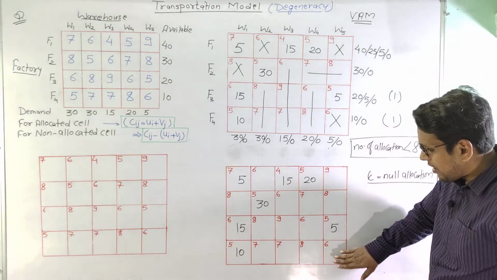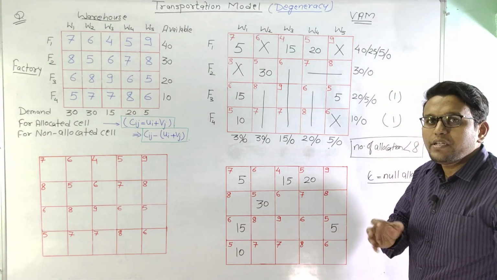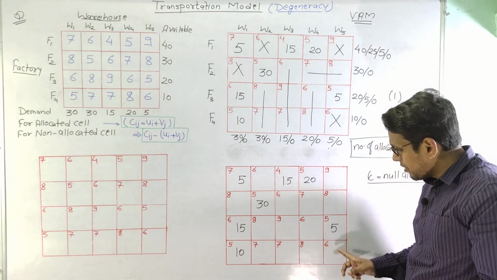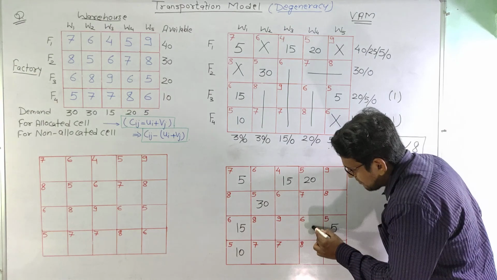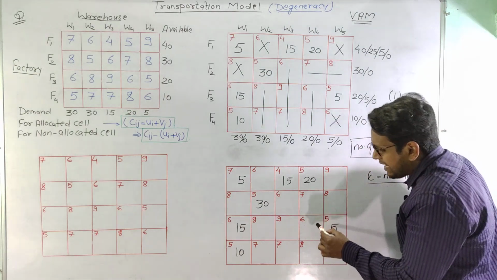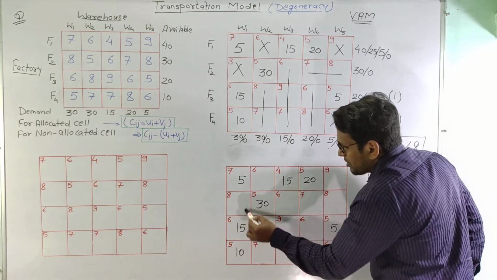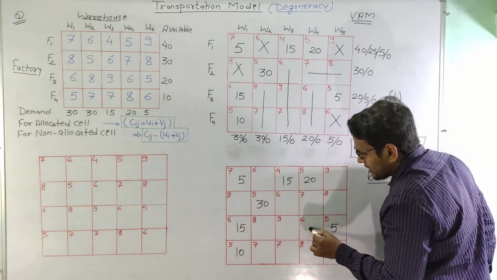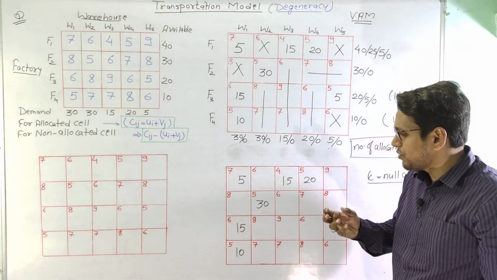That means if I allocate here, then our solution will not be a basic feasible solution because this is forming a loop. Similarly, if I allocate epsilon here, we can see that this is also forming a loop. So by allocating here also, our solution will not be a basic feasible solution.